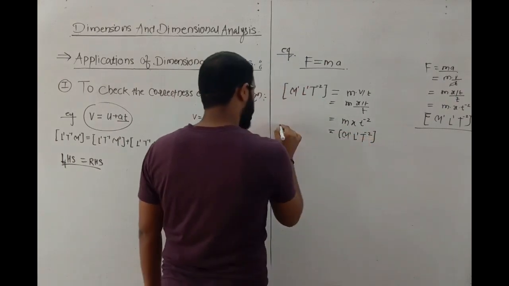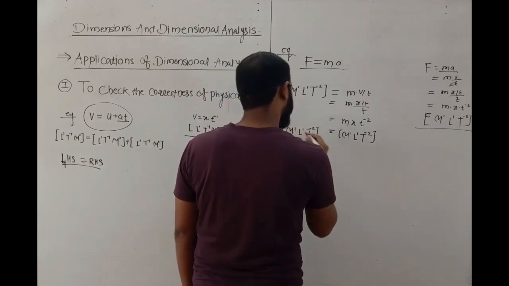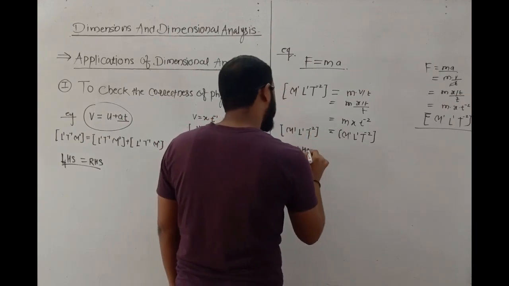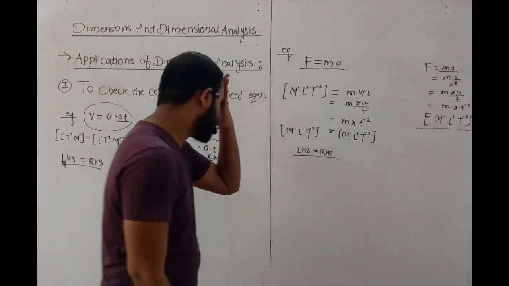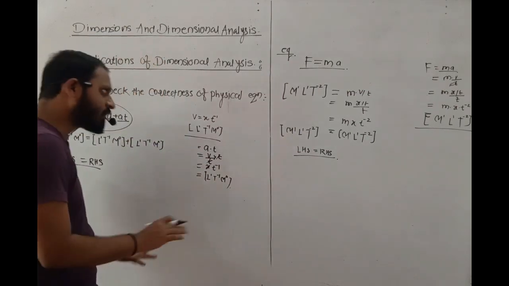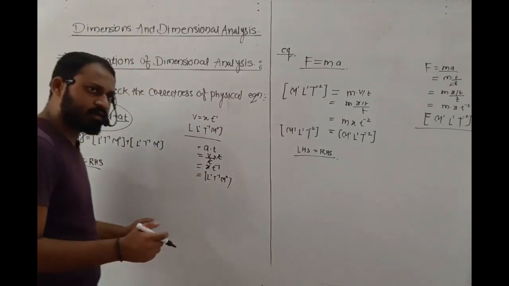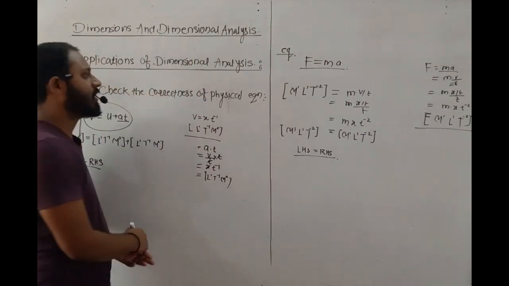Now you can see M1, L1, T minus 2. That is, the LHS equals the RHS. That's why this equation F equals ma is correct. In this way, you can check whether an equation is correct or not using dimensional analysis.